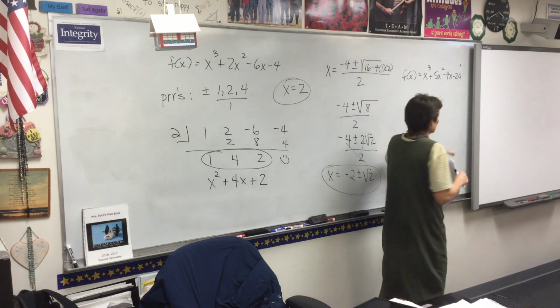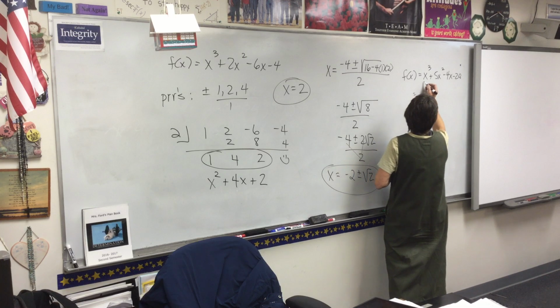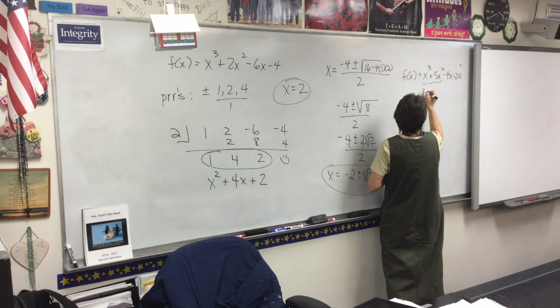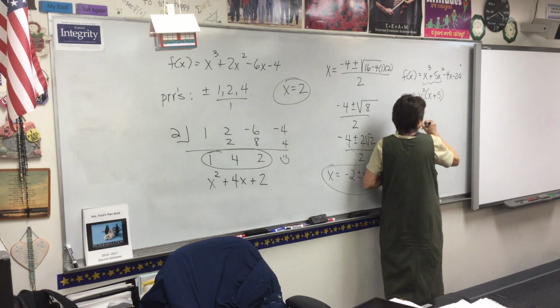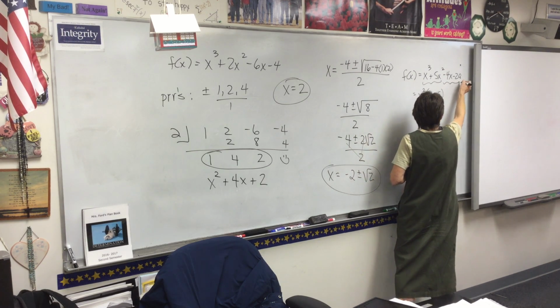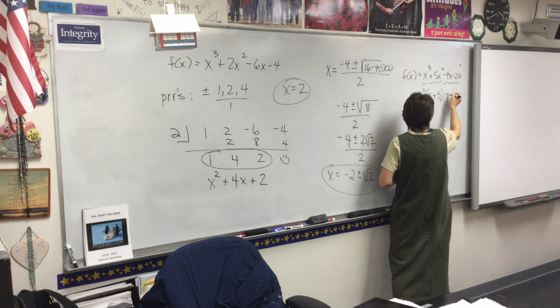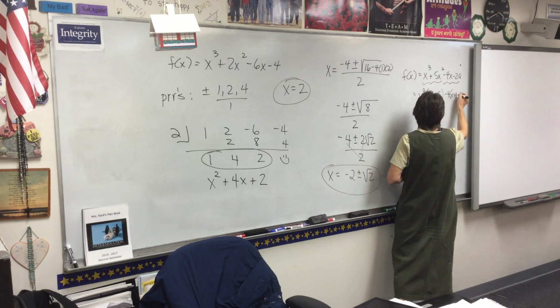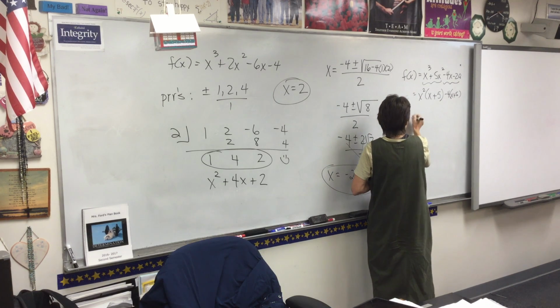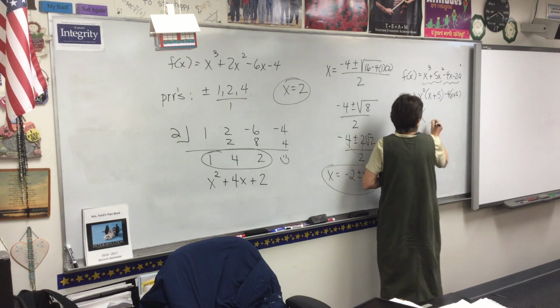So how would this one group? Take out an x squared, good, leaving me with x plus 5. How about here? Minus 4, leaving me with x plus 5. That's a winner, so I have my x plus 5.